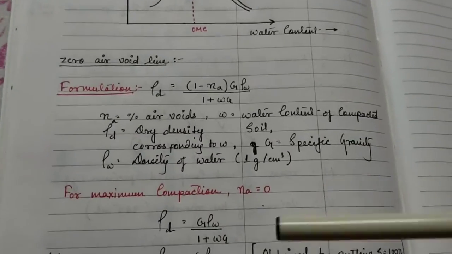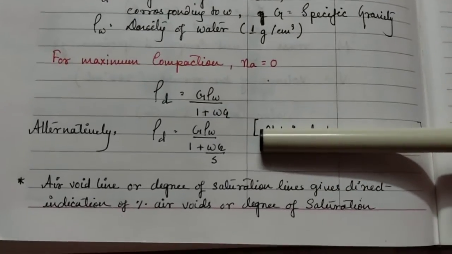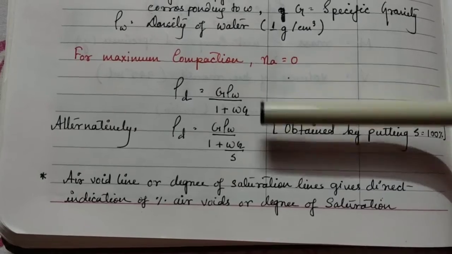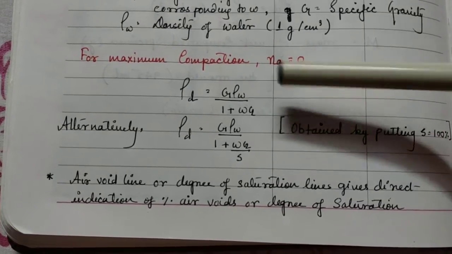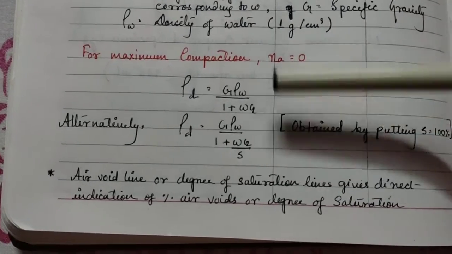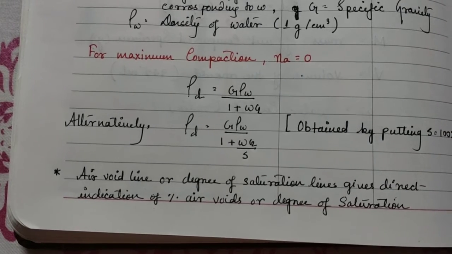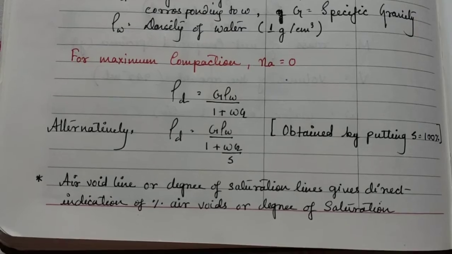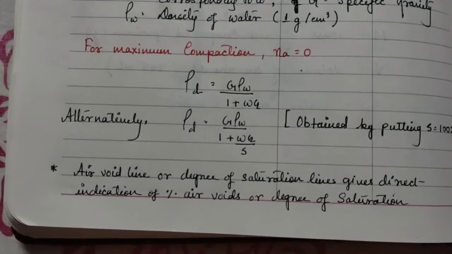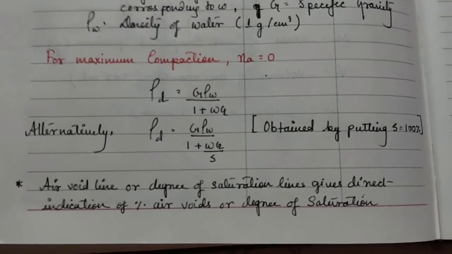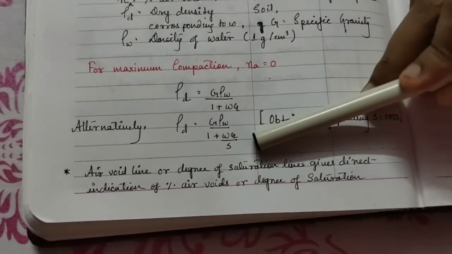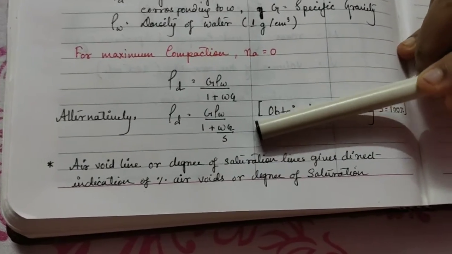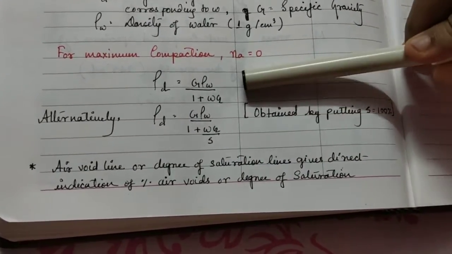Alternatively, we can also use this equation, where rho d is given by G rho w by (1 plus wG by S). This relationship you have already studied in the previous soil mechanics class. Here S is the degree of saturation. So when we put the degree of saturation as 100%, we can easily get the previous formula.